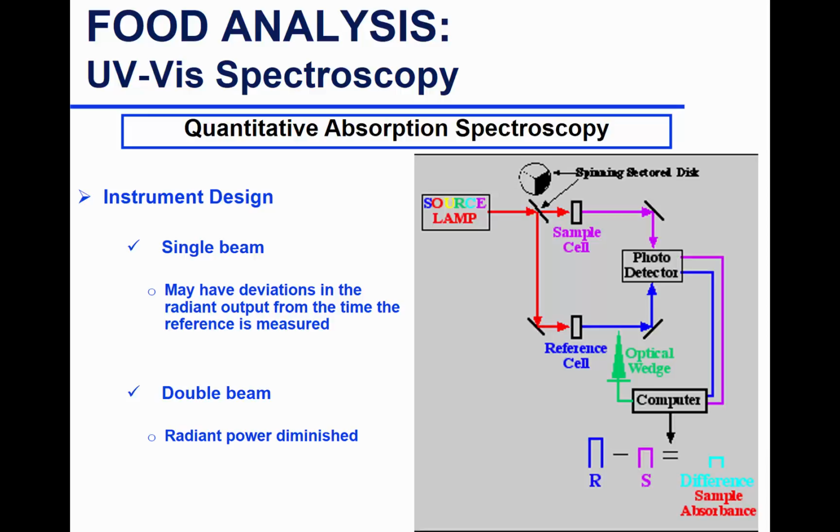The reference cell has all the reagents that are in your sample, basically your blank. At the same time, you get a reading from the reference cell and from the sample cell, and the difference in absorption is automatically given as the absorption of the sample. So it is the reference minus the sample, because theoretically all the light gets transmitted through the reference, and only part of the light gets transmitted through the sample.